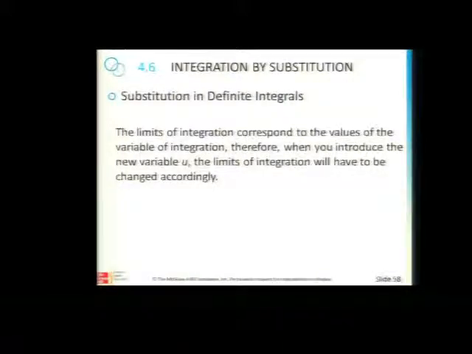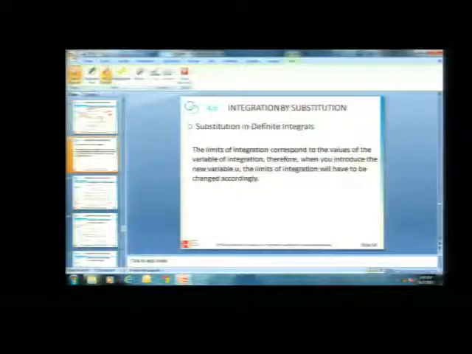When we use the substitution method, the variable of integration x is changed to u. This is the variable of integration, right? This is the new one.